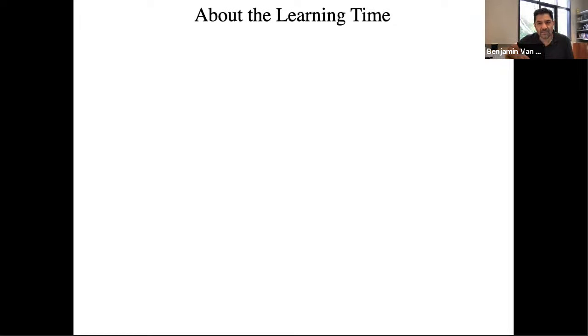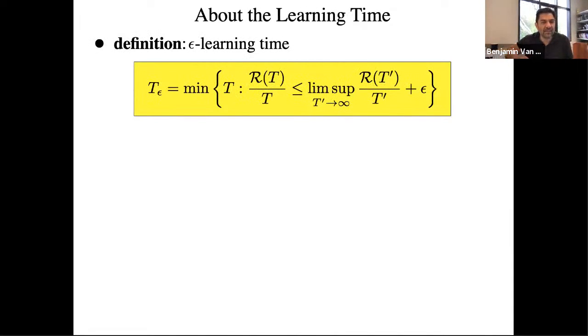Let me talk about how long it takes us to get to this eventual performance. For this purpose, let me characterize what I mean by an epsilon learning time. An epsilon learning time, T epsilon, tells us how large T has to be so that our average regret is dominated by the eventual average plus epsilon.